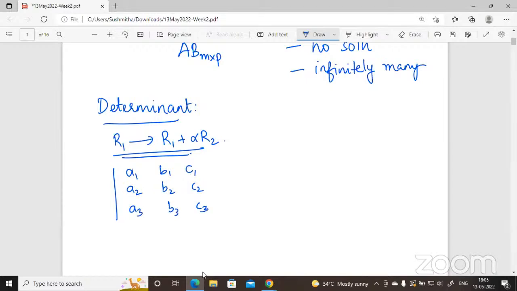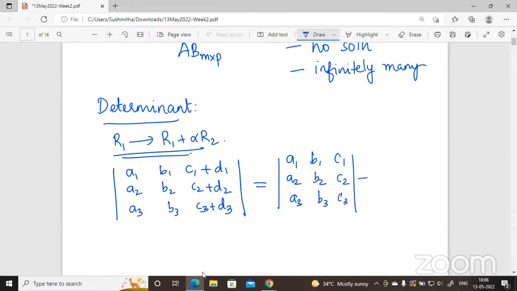If I add another vector D1, D2, D3 to the third column, the determinant is equal to the determinant of the original matrix plus the determinant of the matrix with rows A1, B1, D1; A2, B2, D2; A3, B3, D3.